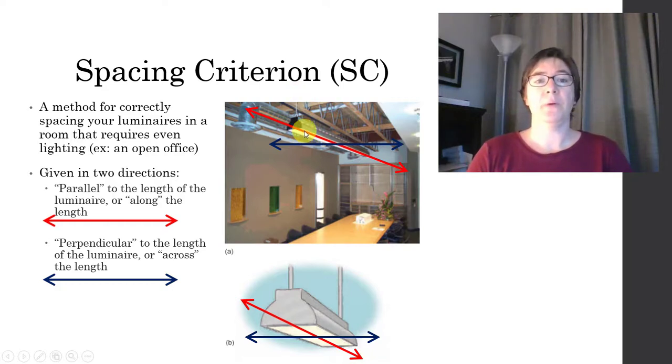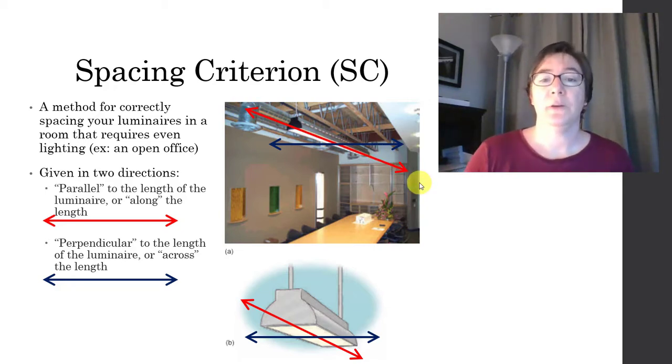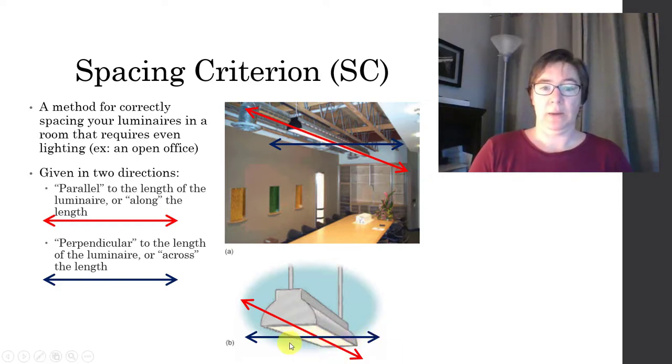And in the photo of it, it's this direction right here. This is the parallel direction. Perpendicular is the across direction, and it goes along the short way of the luminaire, the short direction. And here it is in the photo. That's the perpendicular or across direction.